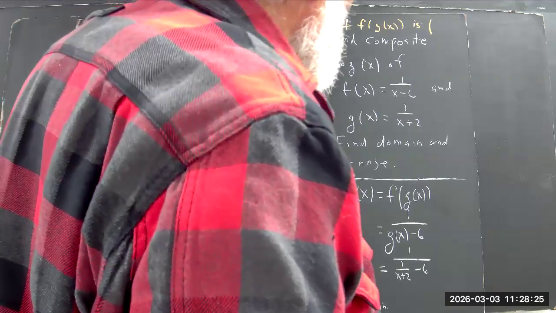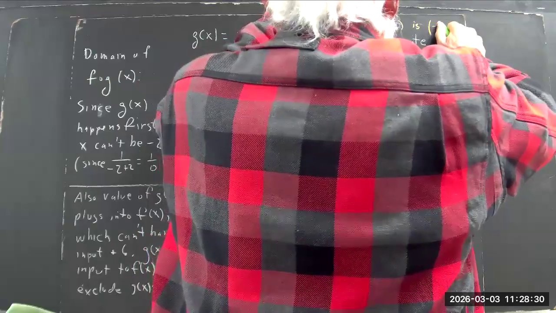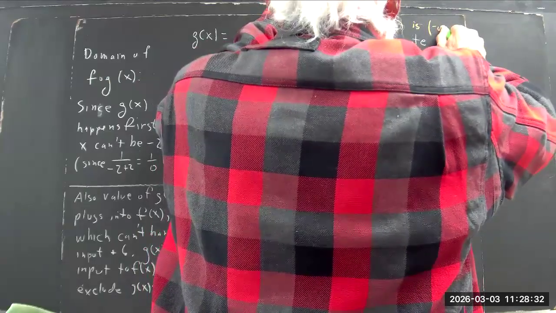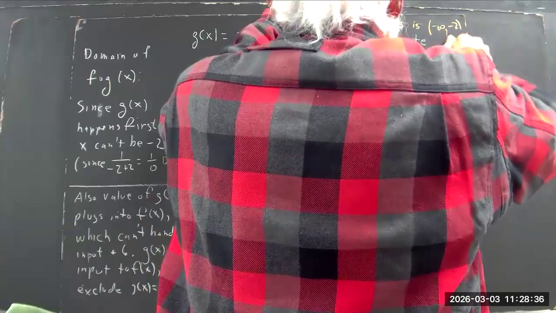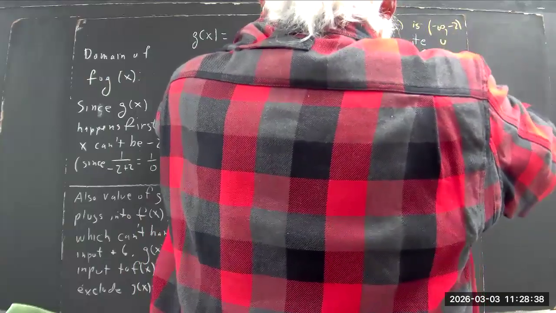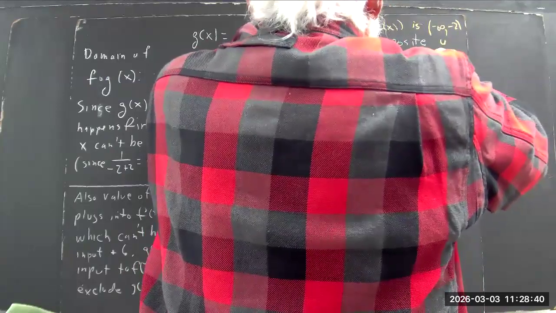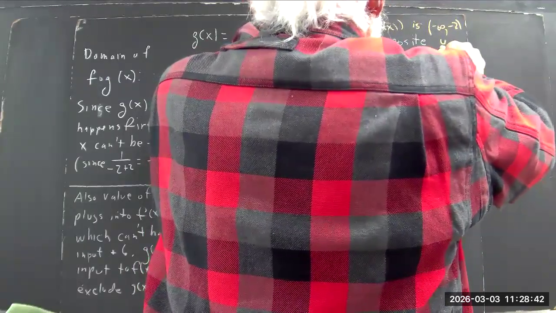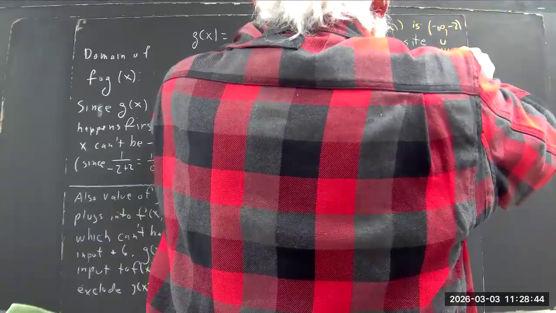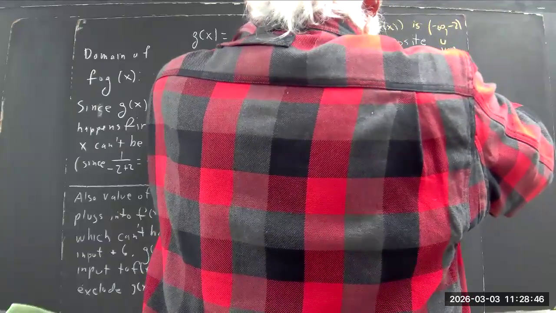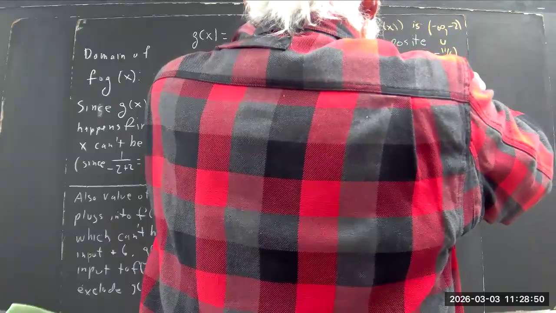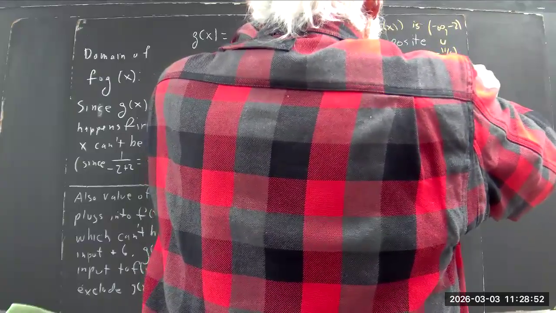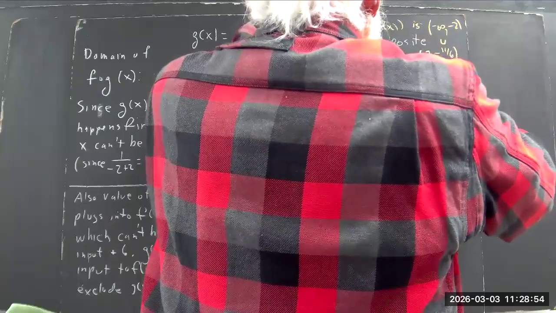Negative 2 is less than negative 11 over 6, just barely. The domain is negative infinity, negative 2, union negative 2, negative 11 over 6, union negative 11 over 6, infinity.